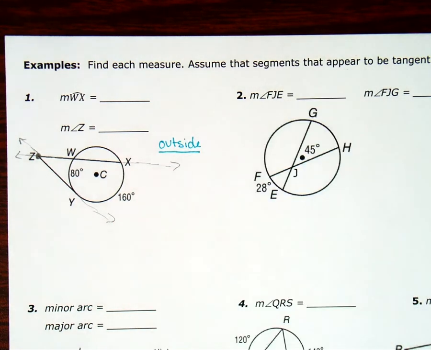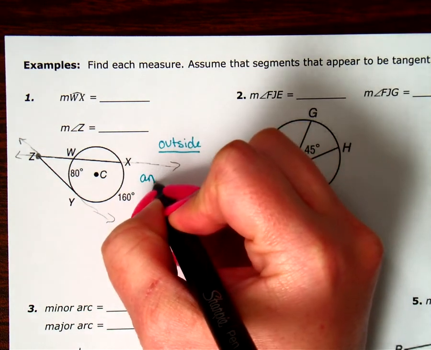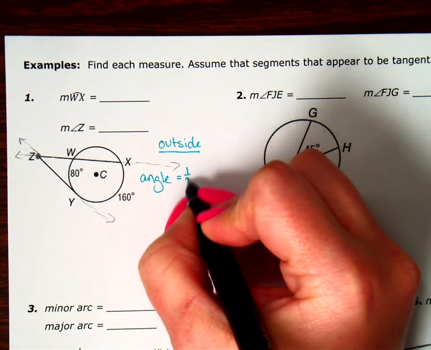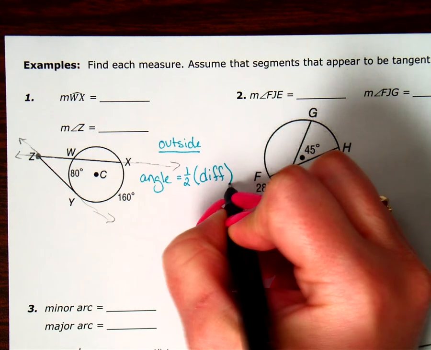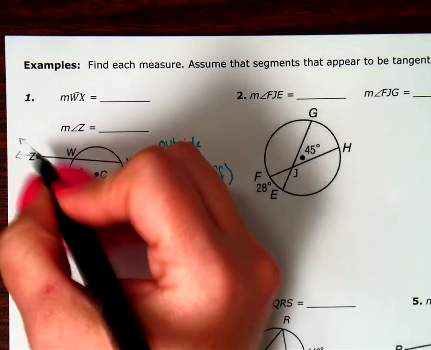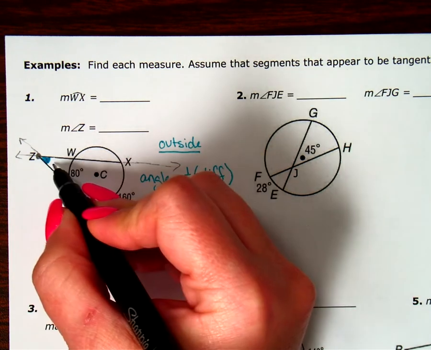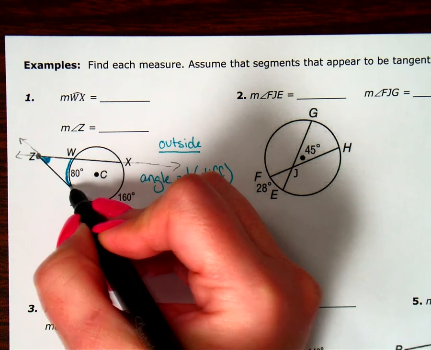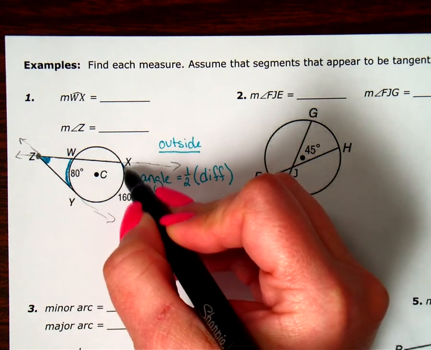So my formula for outside is the angle equals 1/2 the difference of the 2 intercepted arcs. If I call this angle Z, as I come out, I can see I hit an arc here that's 80 degrees, and then I keep going out and I hit this arc that's 160 degrees.